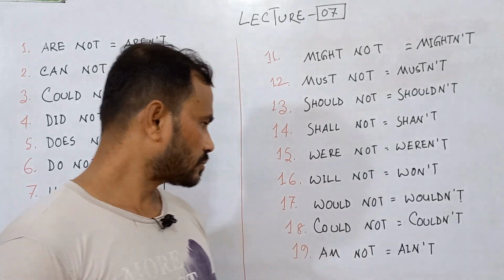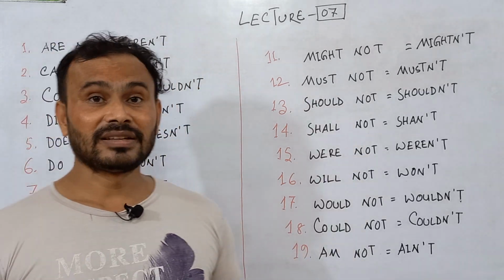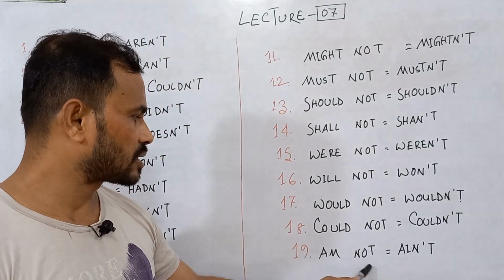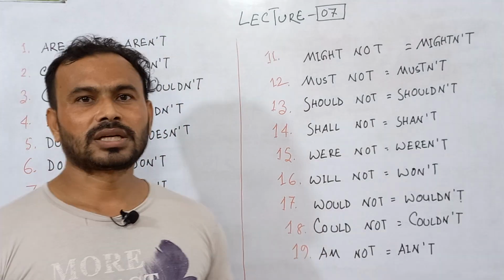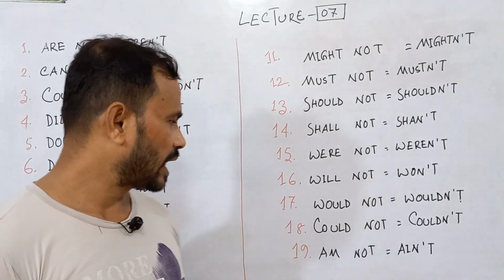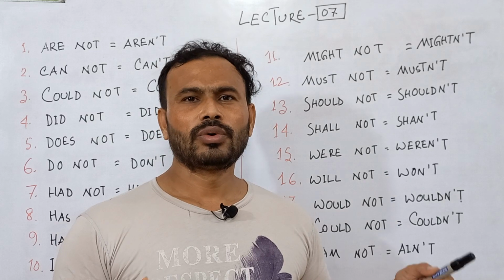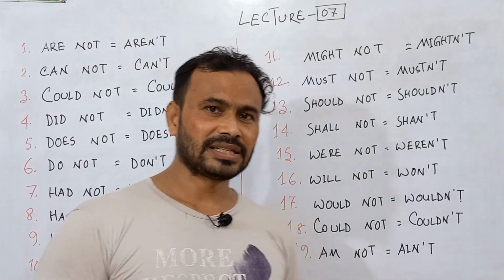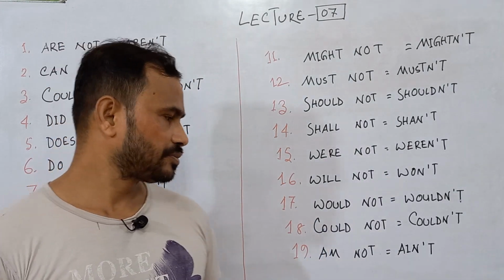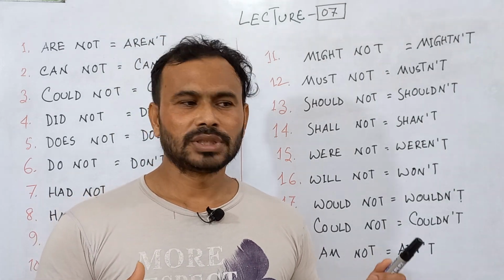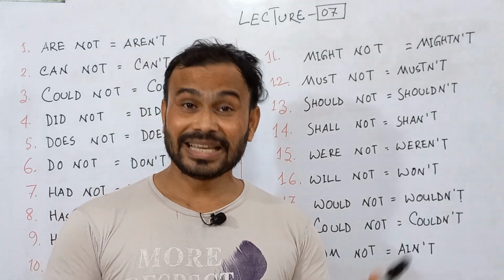Okay. So friends, my last phrase is am not. The contracted form of am not is ain't. One sentence for am not is: I am not doing this again.